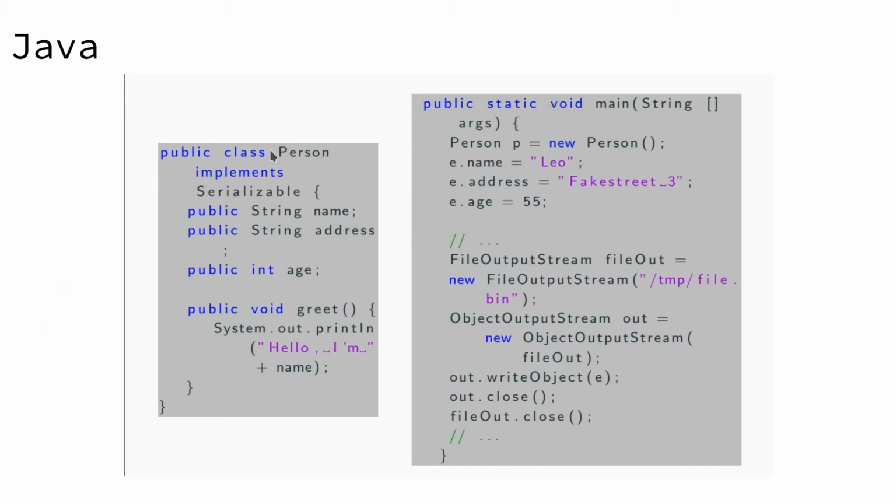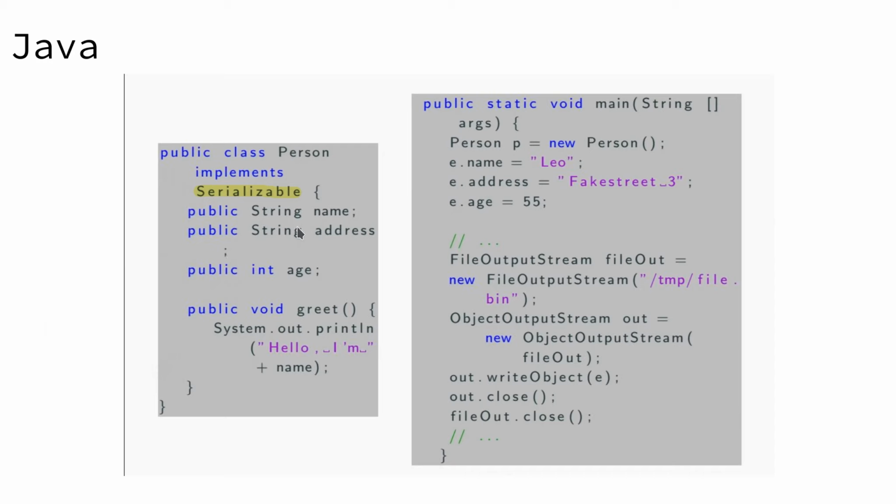So we have a class here, Person, and it says implements Serializable. Now Serializable is an empty interface. Serializable is just a marker interface that marks a class, telling the Java runtime that this class can be serialized or is allowed to be serialized. Otherwise it doesn't have any methods.